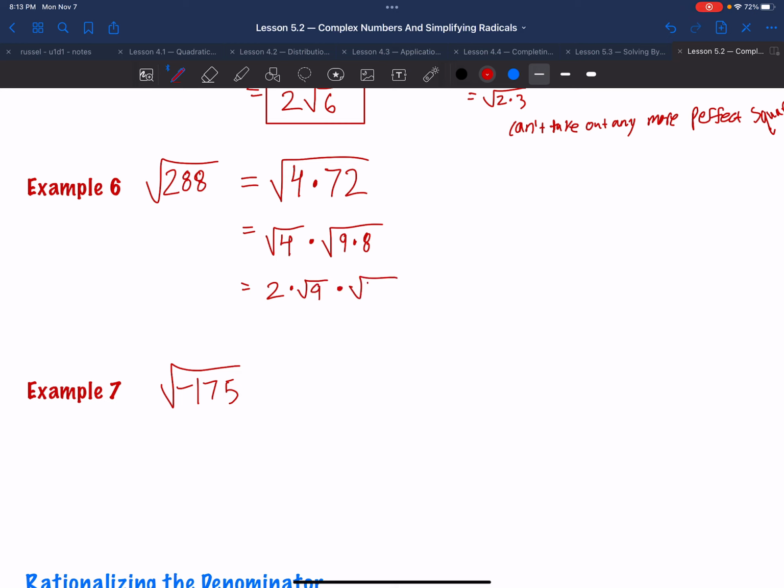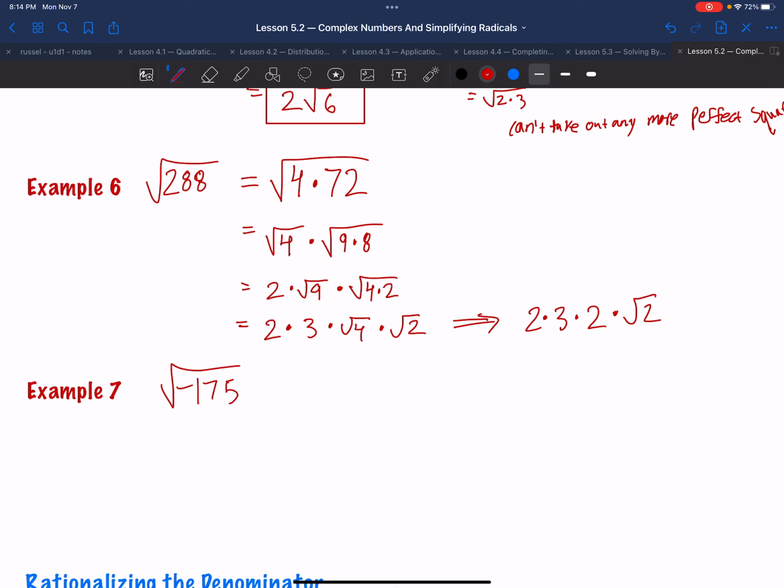But 8 is 4 times 2. So then this is 2 times the square root of 9, that's 3, times the square root of 4 times the square root of 2, which is 2 times 3 times 2, because the square root of 4 times root 2.